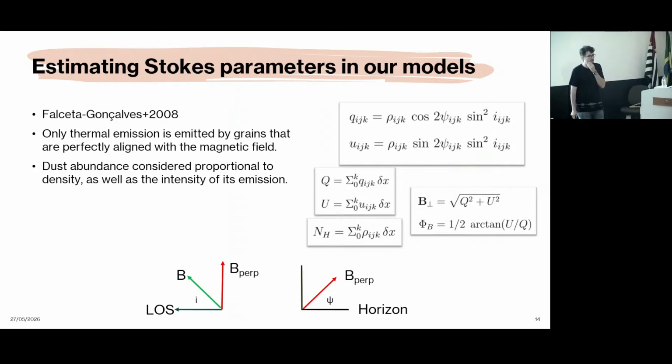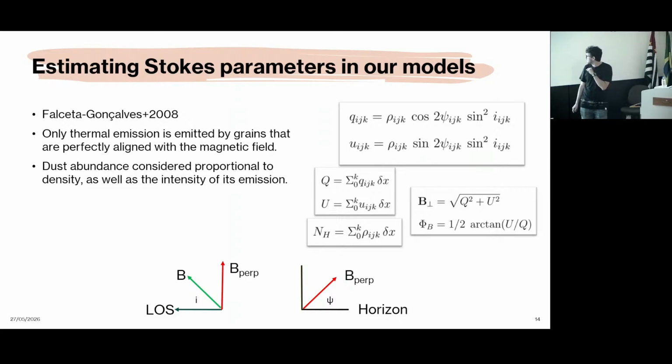In your simulation, even though you do not have explicit resistivity, in ideal MHD you can have numerical resistivity, and magnetic reconnection that violates the frozen-in condition of the plasma. So do you have any counterpart of the magnetic reconnection in your polarization calculations?